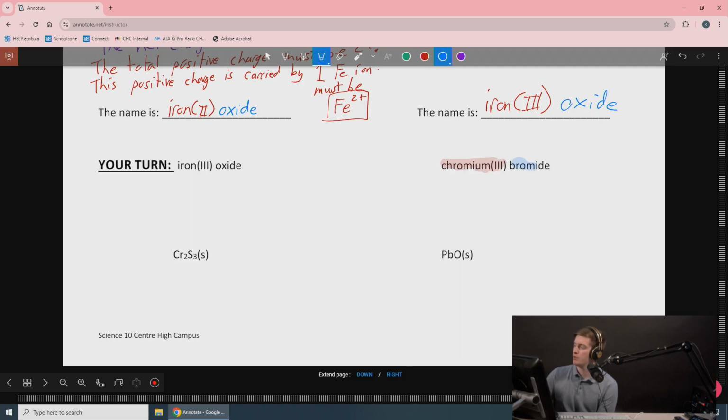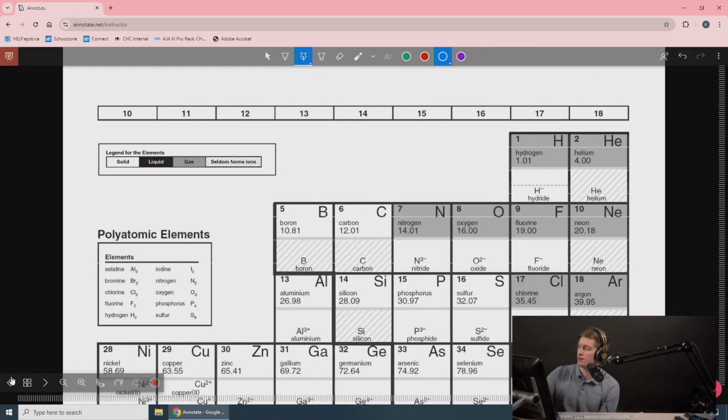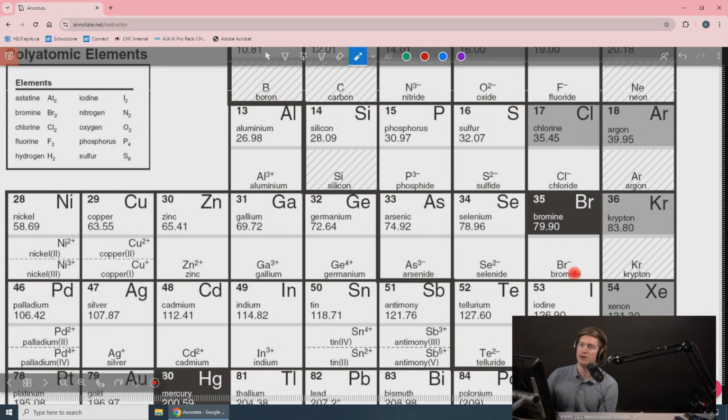If we're being given the name chromium(III) bromide, then we know right away that our cation must be Cr3+. In our bromide, if you take a look at your periodic table here, my bromide is Br-, just a single negative charge.